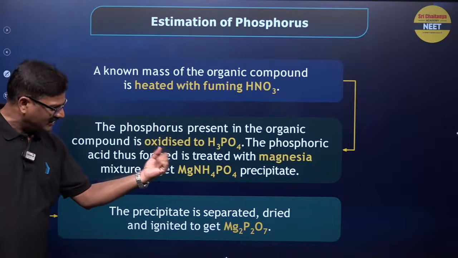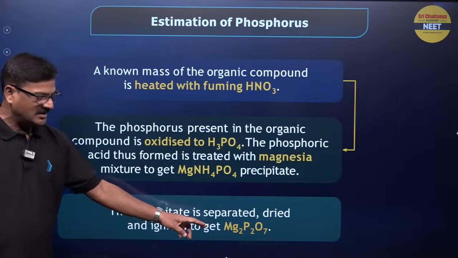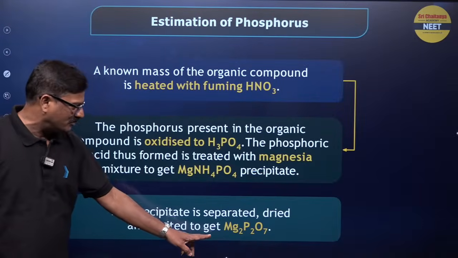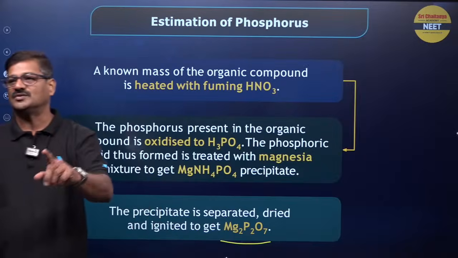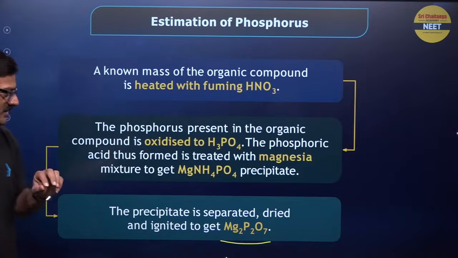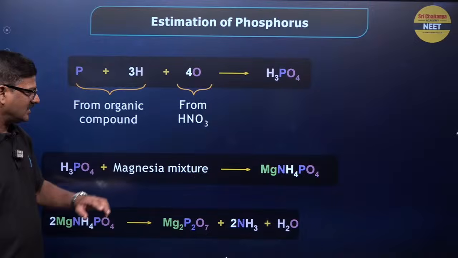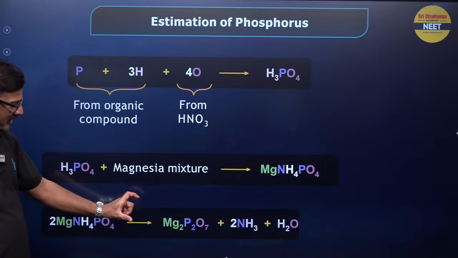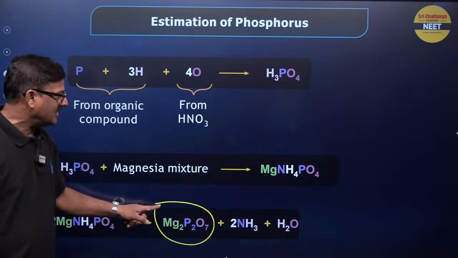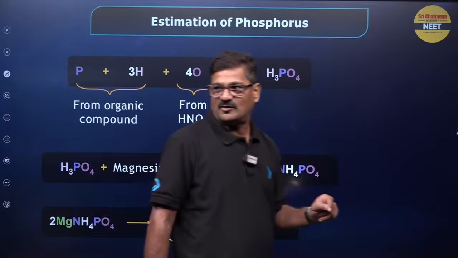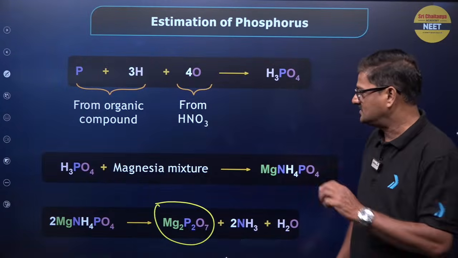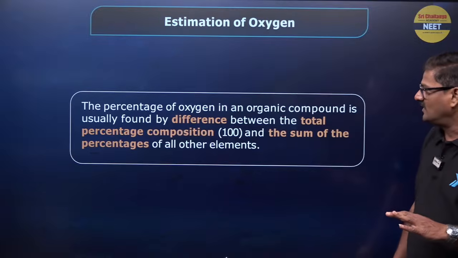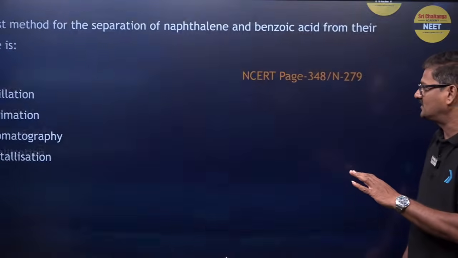When you heat and dry it, you get magnesium pyrophosphate, Mg2P2O7. Based on the mass of this magnesium pyrophosphate, you can simply use this formula and estimate the phosphorus.